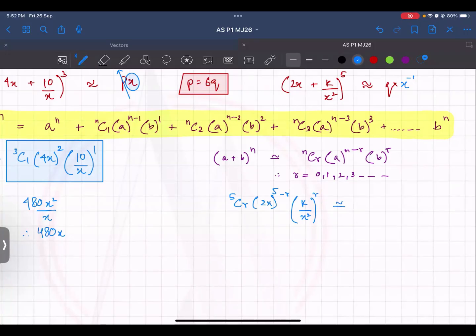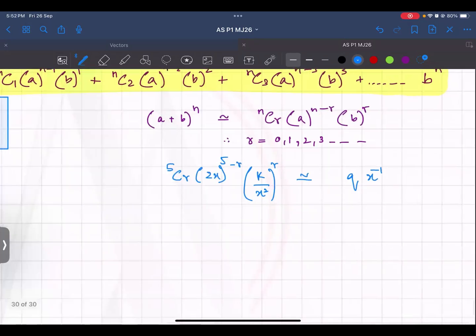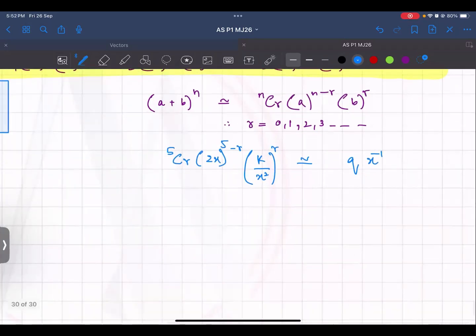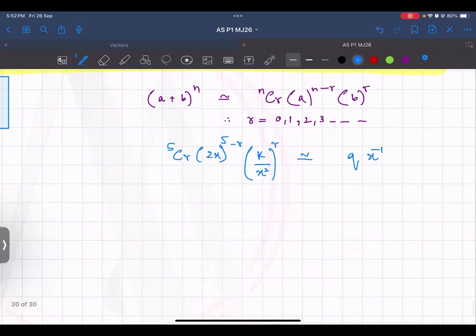In this expansion, what do you need? We need the term with x power minus 1. Okay. So we would simplify this thing and find the value of r for which the x power is minus 1. And how do you do that? Like this. You simplify, use indices, and you separate the coefficient part. 5Cr, this will give you the number, the coefficient. 2 power 5 minus r, this would also give you the number part.